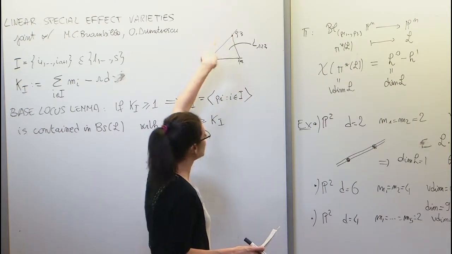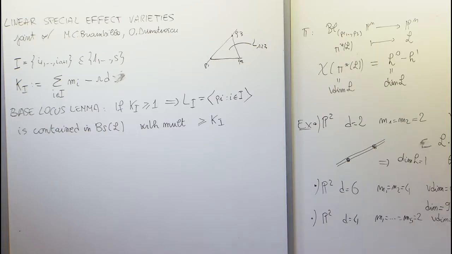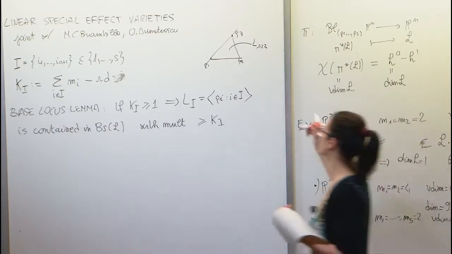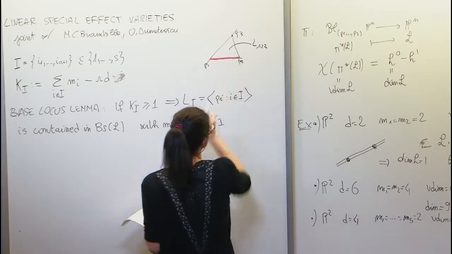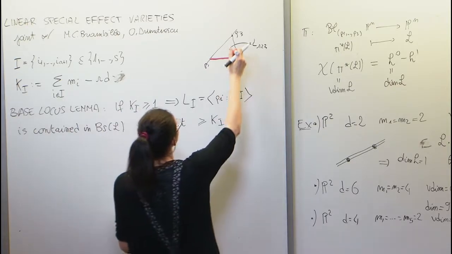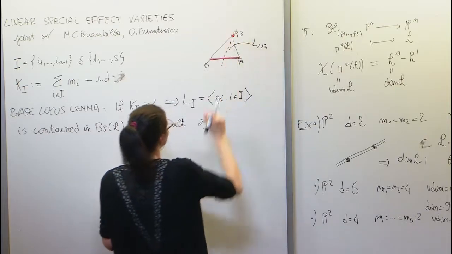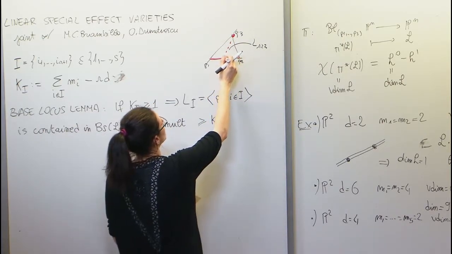But then if I want to consider the whole plane, then I just take a point on that line and the other point. And so if I already know this line and I ask what is the multiplicity of the plane, now I take this extra point and I take the line connecting that point with a point on the line.